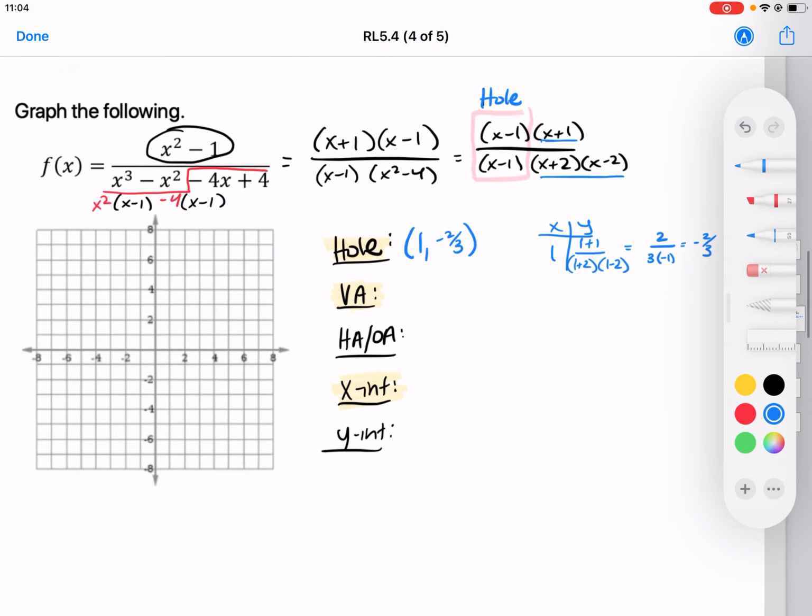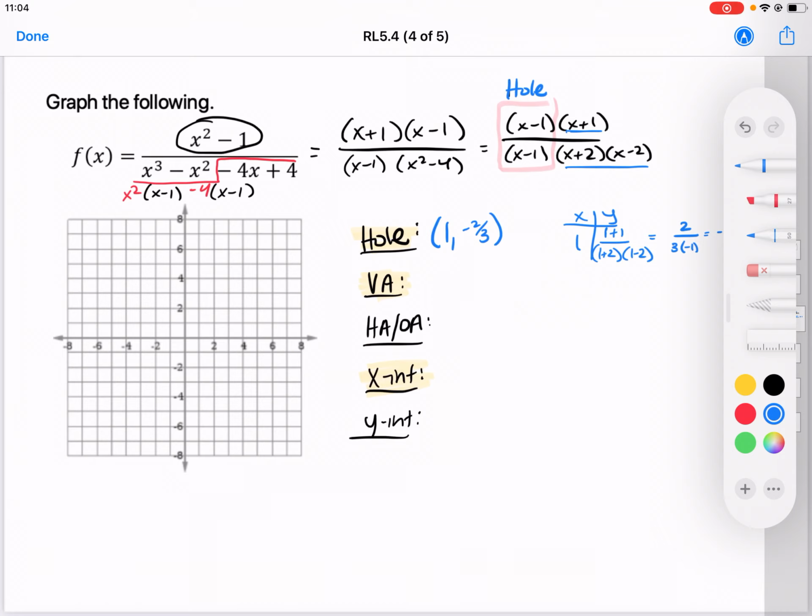Okay, let's zoom back out. So we go over 1, negative 2/3, that's right here roughly. You just put an open circle for the hole. So we plotted that. From there, our vertical asymptotes are the remaining two. I'm going to put that check back right here. So we've got negative 2 and positive 2.